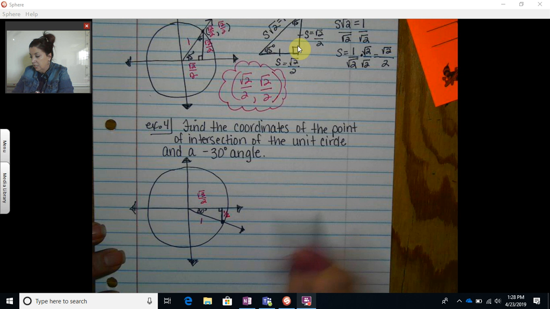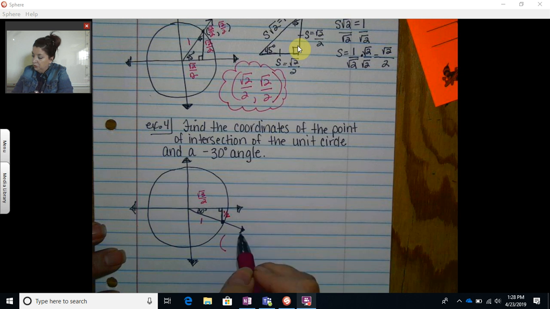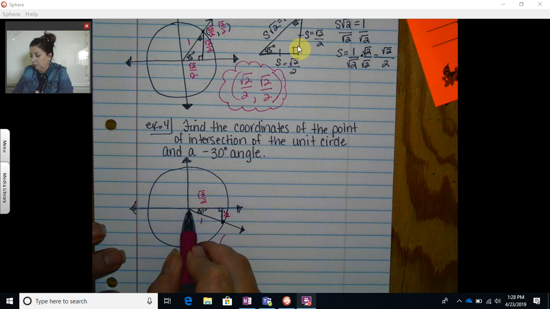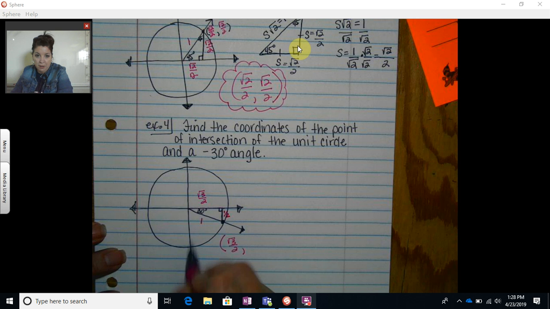So for this ordered pair here, the x value is your base, right? The length of the base, is that going to be positive or negative? X values on the right side are positive. And my y values down in this quadrant, are they positive or negative? So it's going to be negative what? 1/2.